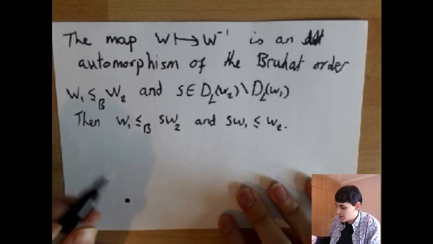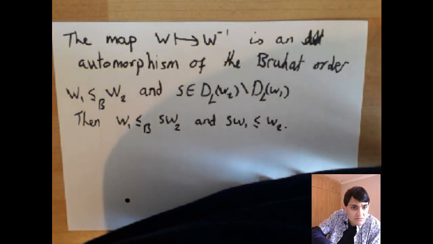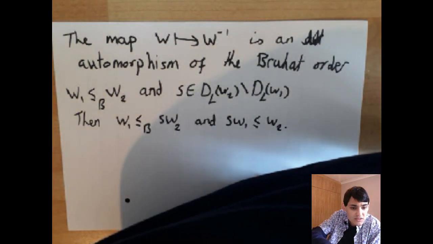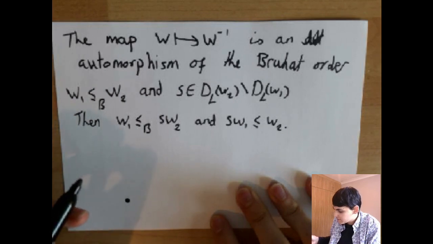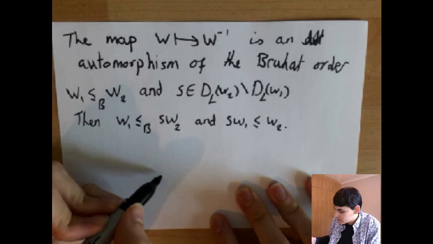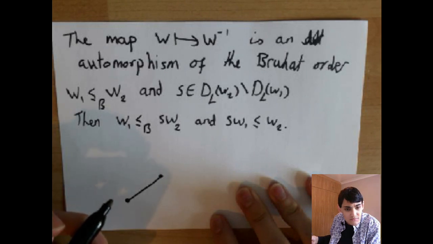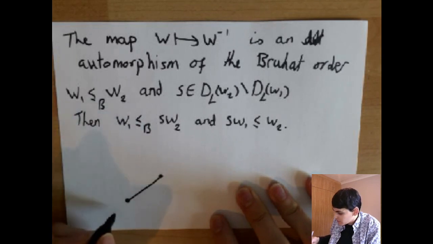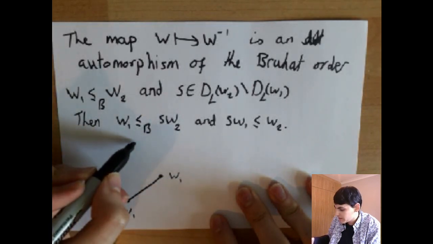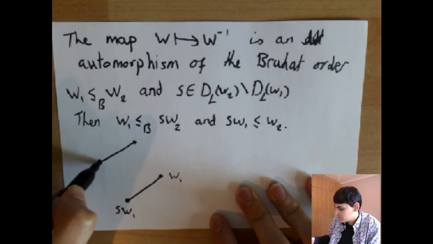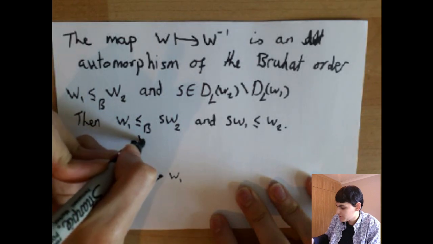So here you've got SW1, this is W1 here, and you've also got SW2 and W2.